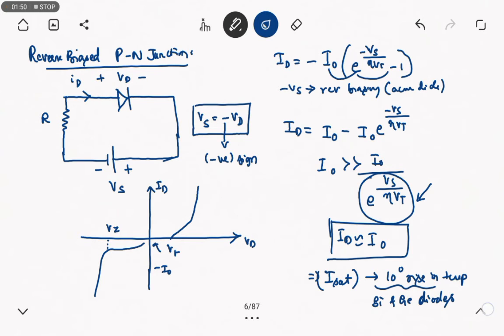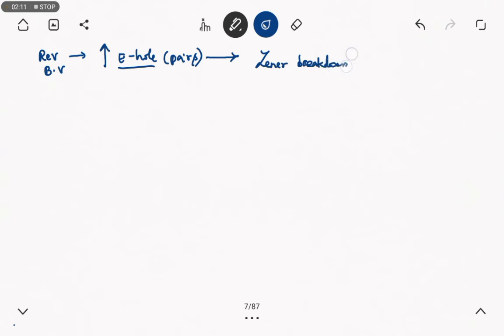And what happens here is, whenever the reverse biasing voltage crosses the critical value, there is a generation of a large number of electron-hole pairs. This gives rise to one breakdown called Zener breakdown. This can also be termed as the breakdown of junction. Since there is a breakdown of junction, it is termed as Zener breakdown.